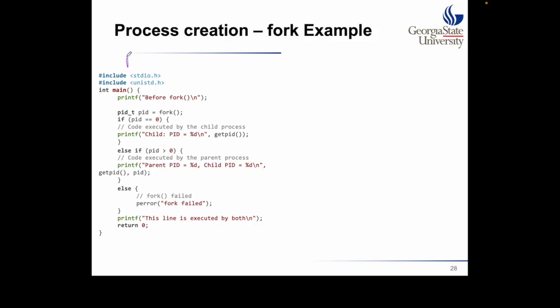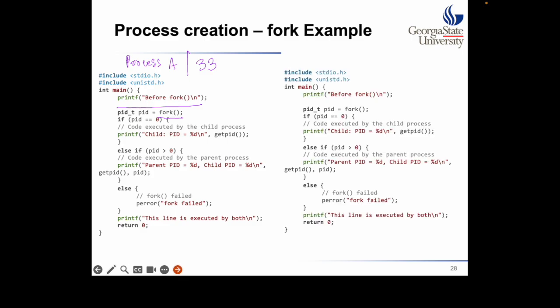We have process A, and assume that this process has PID, let's say, 33 for our convenience. This process was running, and first of all it will print this line, before fork, on the terminal. Then we are making a system call here, and this system call will create another process.